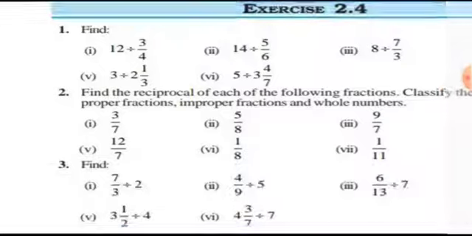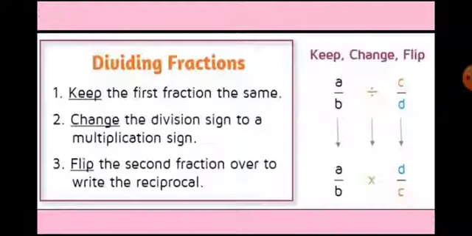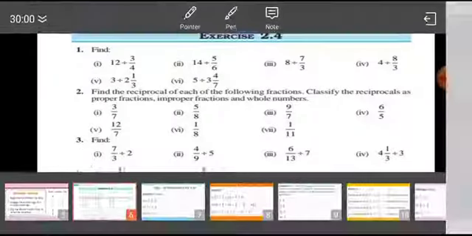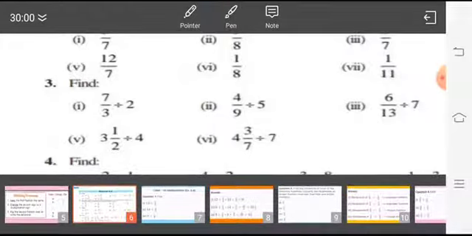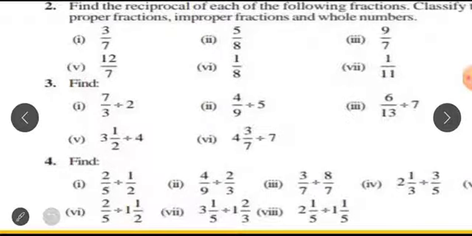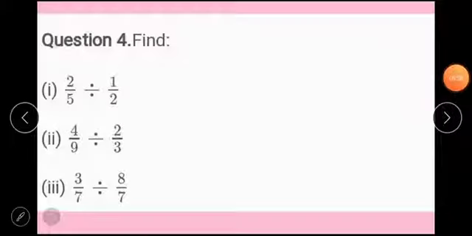In question number 4, students, again you have to divide. All questions are the same, you have to do the division. Here two fractional numbers are given, 2 by 5 and 1 by 2. So how can you solve, students?